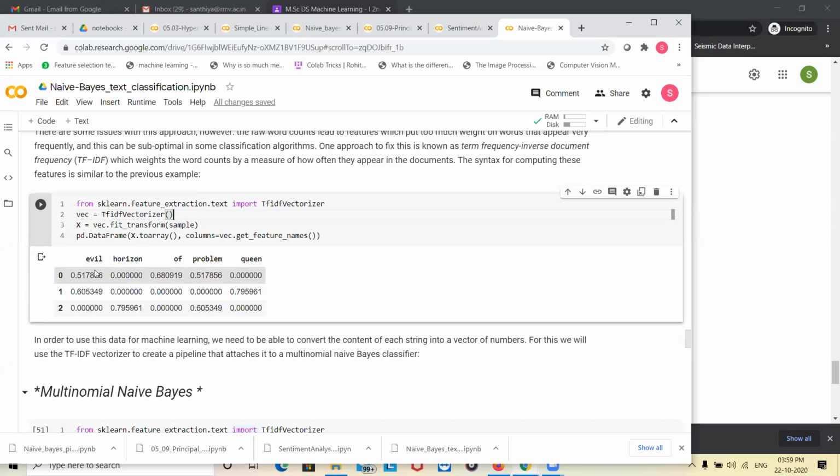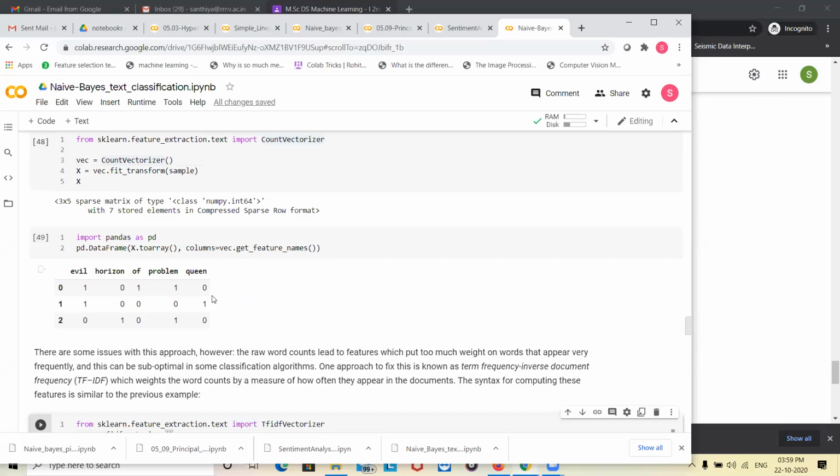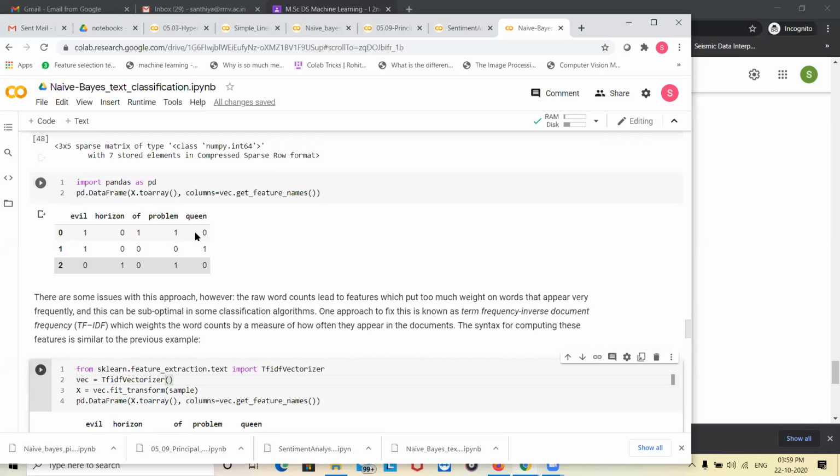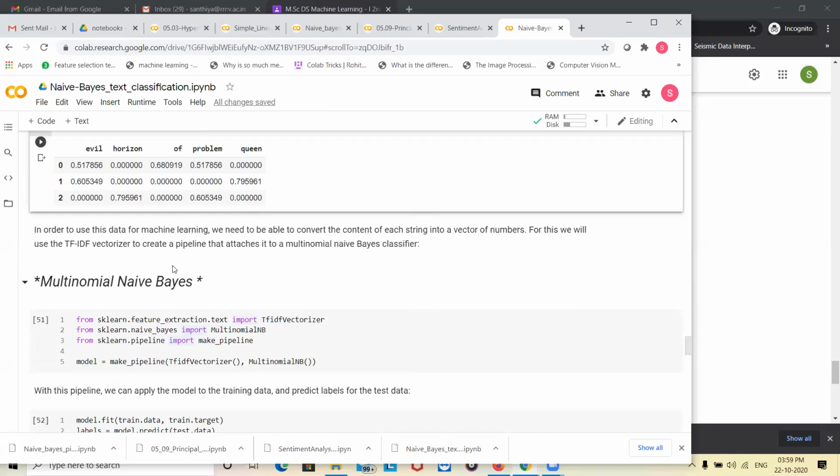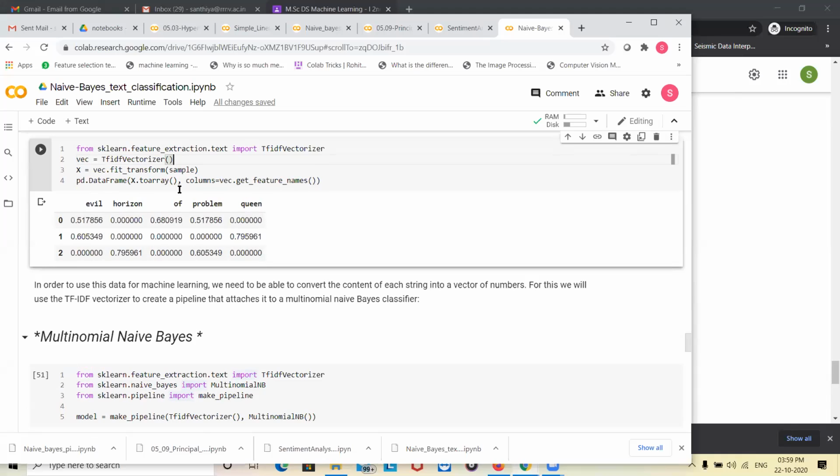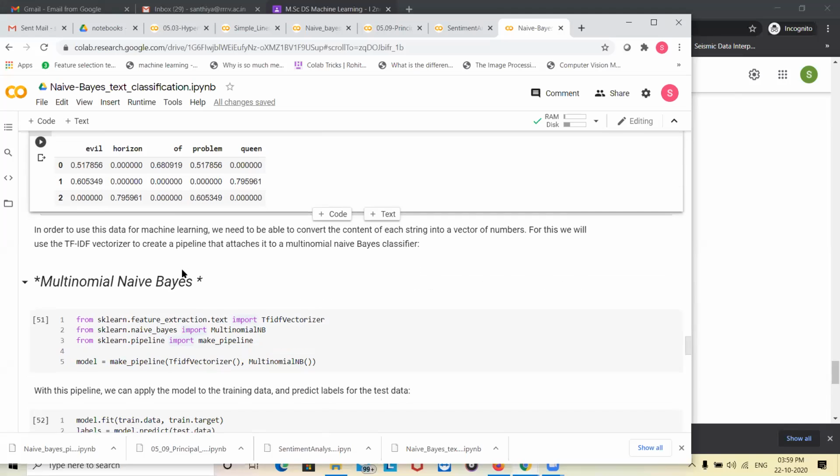As you can look here, it's weighted, even with 0.5 and 0.6, horizon with 0.7 because it occurred only one time, and off with 0.6, and problem with 5, 6 and 7. So this is the difference of how count vectorizer operates internally, where we have only one-hot encoding count values going on, and the next one had weighted values with TF-IDF.